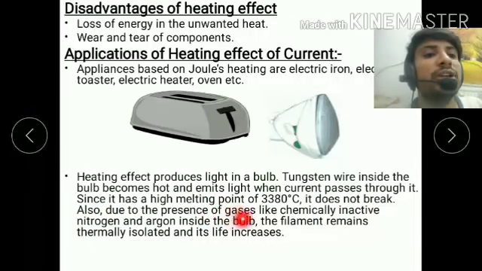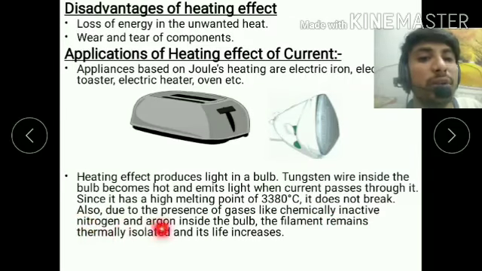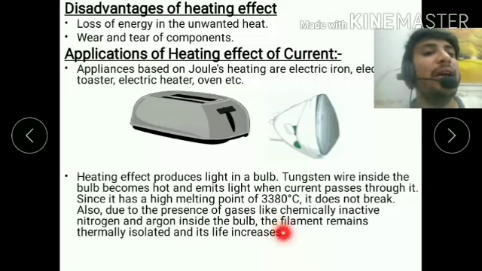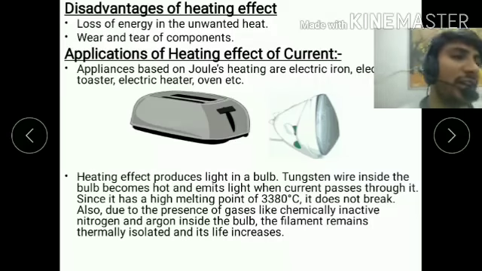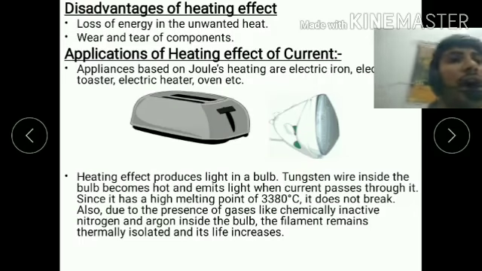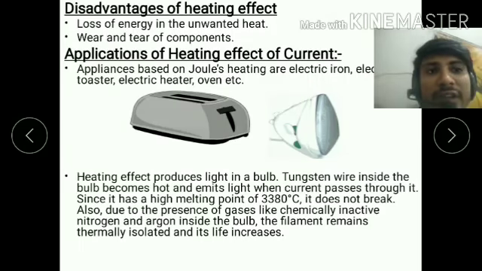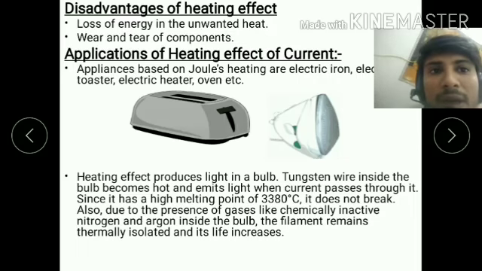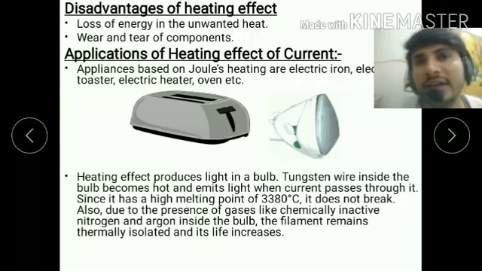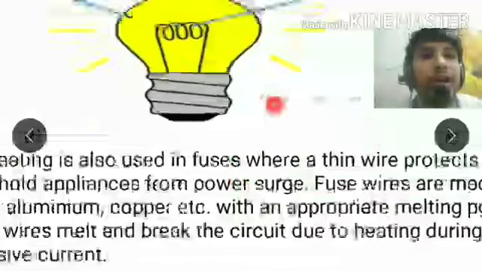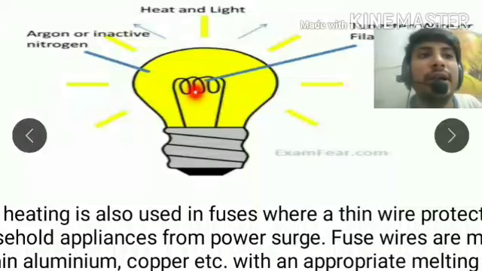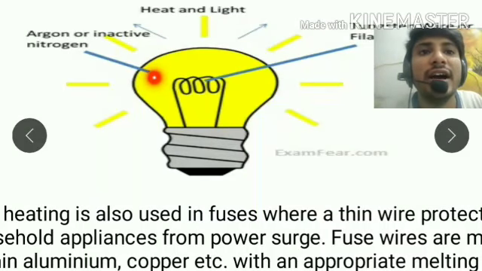Also, due to the presence of chemically inactive gases like nitrogen or argon inside the bulb, the filament remains thermally isolated and its life increases. The bulb contains argon gas and the filament is made of tungsten. Look at this: this is the bulb, this is the tungsten filament, and this is the argon gas.